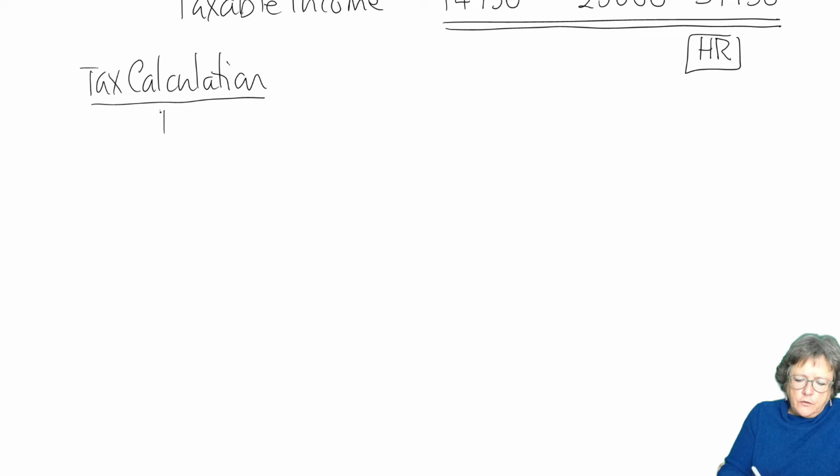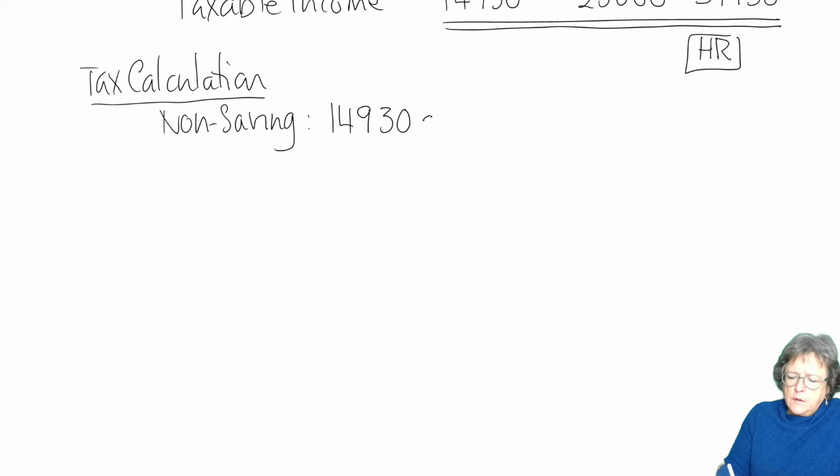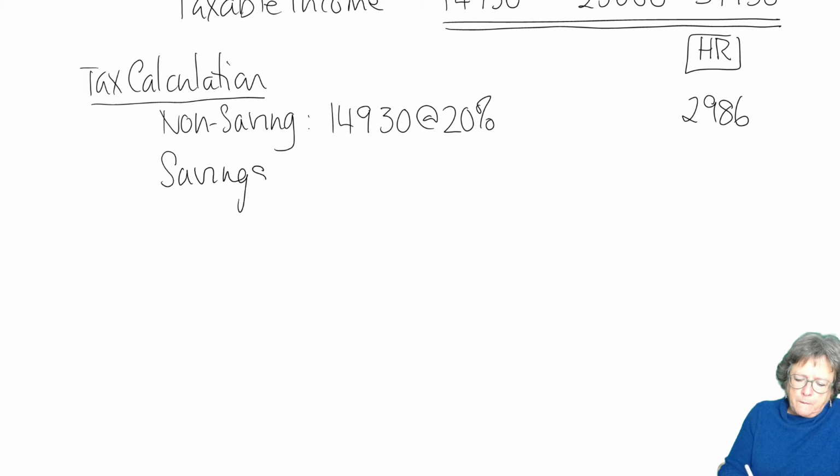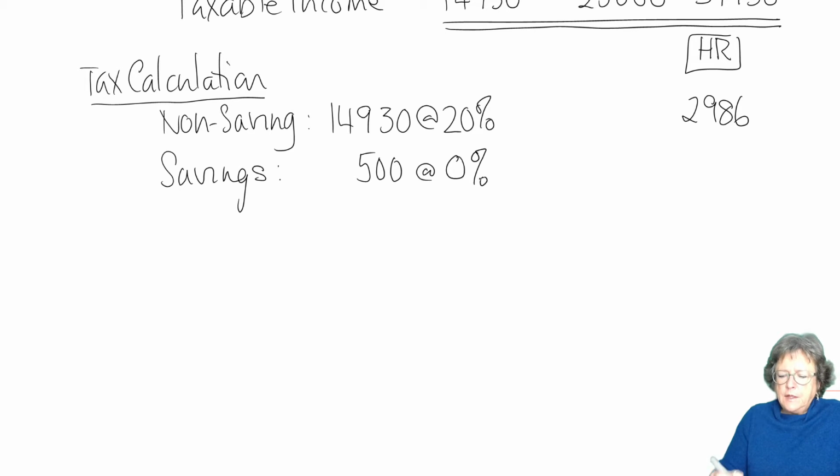So non-savings, we've got 14,930, 20%, which gives us 2,986. Now, savings income. This is going to be different this time because the man is high rate. So he's only going to be entitled to a £500 of that income at the nil rate band.